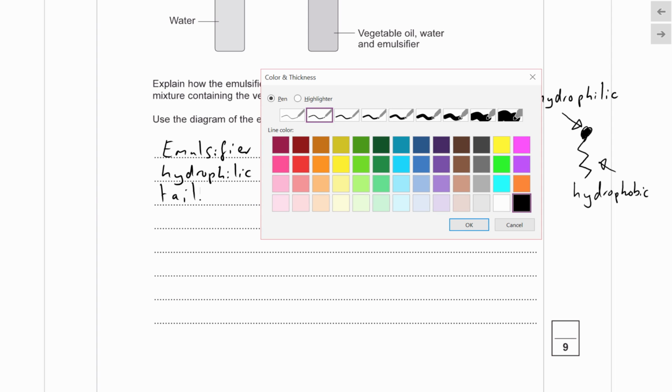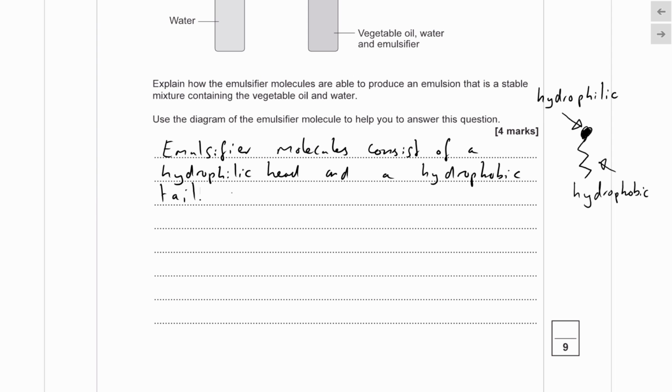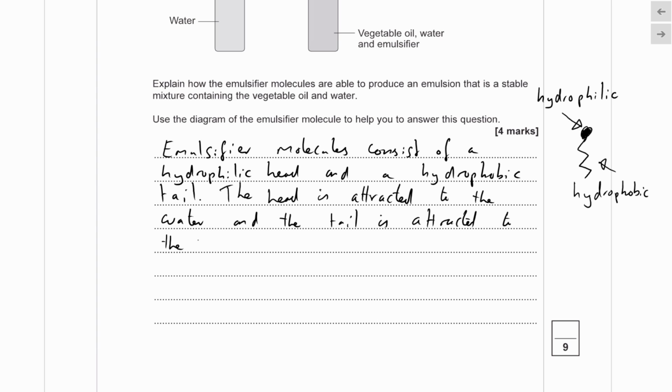Alright, so the head is attracted to the water and the tail is attracted to the oil.